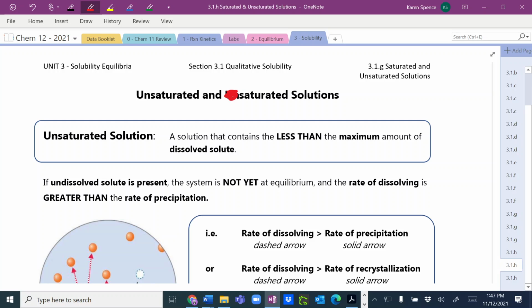Hopefully, the definition of an unsaturated solution is a review from grade 11. It is a solution that contains less than the maximum amount of dissolved solute.